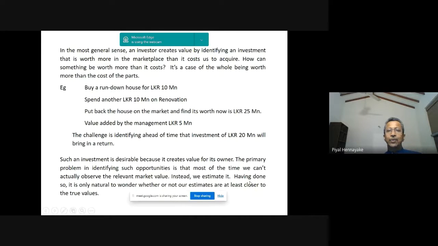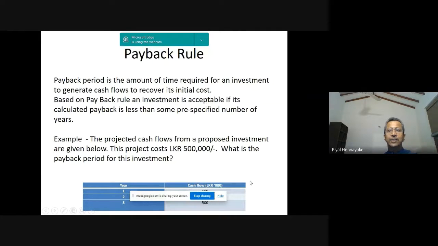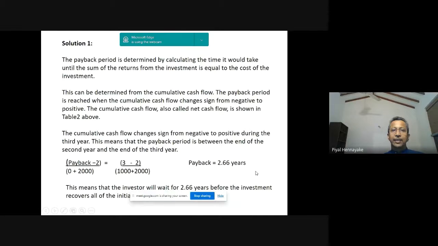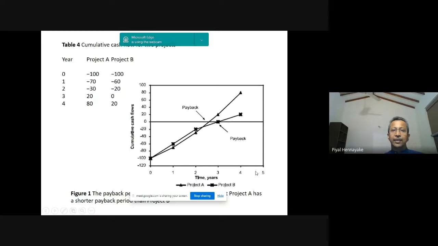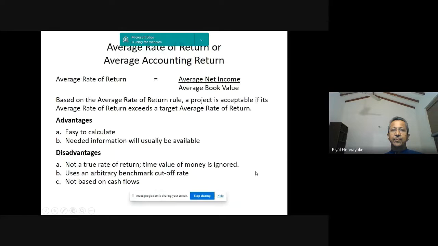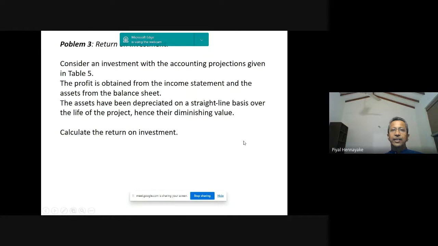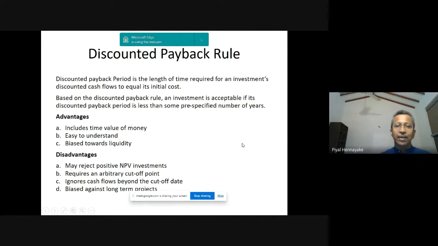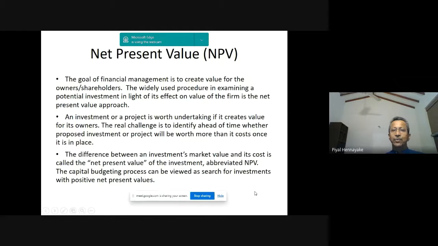So for your examination, some of these calculations will come, like, I can't say which one: payback rule, right? Average accounting return or average rate of return. You have to be familiar with how to calculate discounted payback rule, net present value.